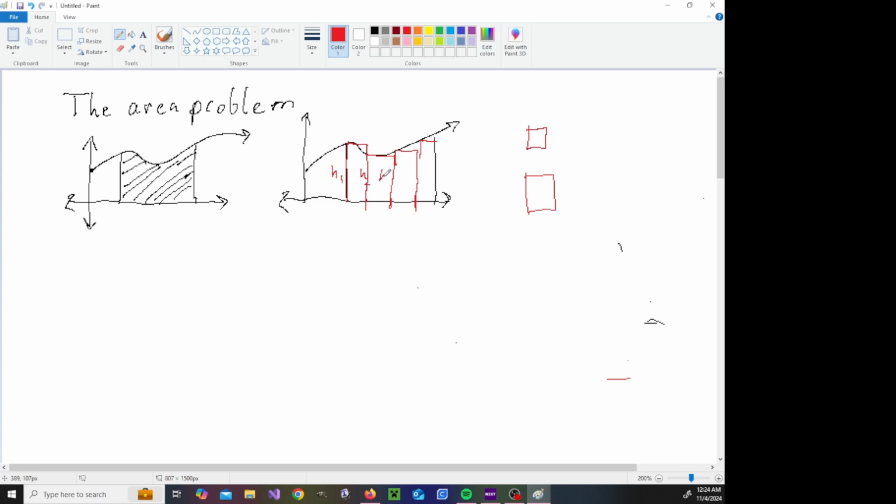If this is h1, this is h2, h3, h4, looking at the left side, that is just going to be the function at each of these x values. If I'm looking at these left corners at the function, how do I figure out each corner? And how do I figure out the width of each rectangle? That is the fact that I split this region into 4 separate pieces.